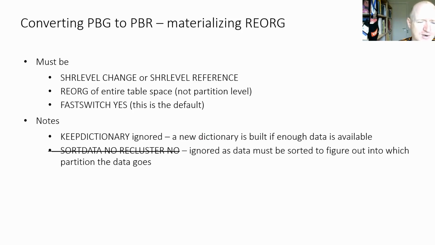The SORTDATA NO, RECLUSTER NO trick is not possible here, because REORG has to sort the data to figure out into which partition the data goes. So it has to do the sorting. So even if you put SORTDATA NO, RECLUSTER NO, I think it'll be ignored, or you might get an error. I'm not 100% sure, but it won't work.